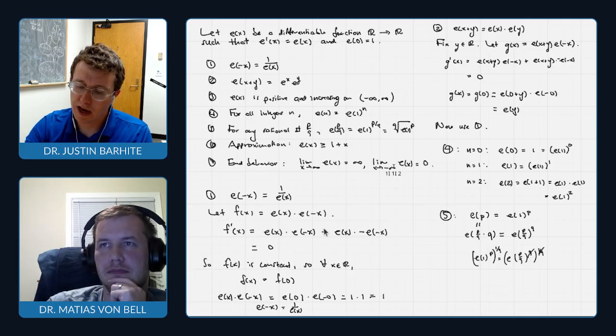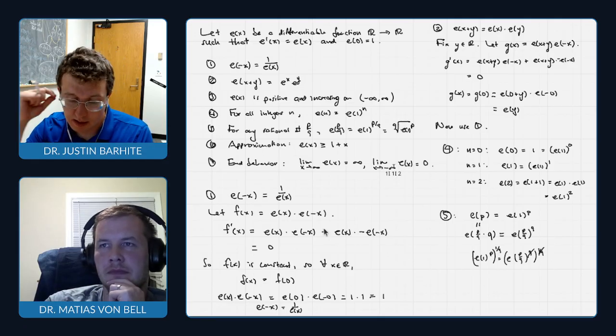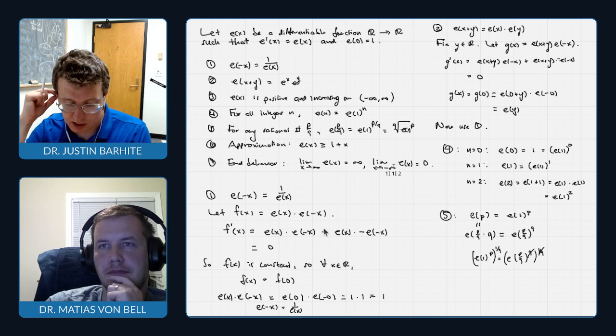If you look at the power series for e to the x, how do you show that that thing is positive everywhere? That's not at all obvious to me. I think this is the easiest way to prove all of these properties.